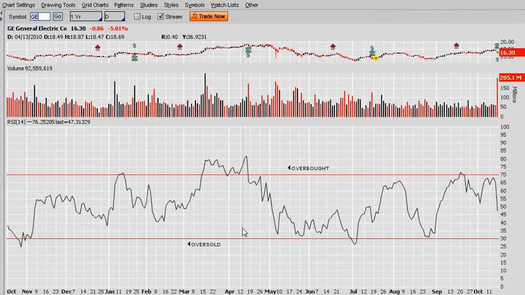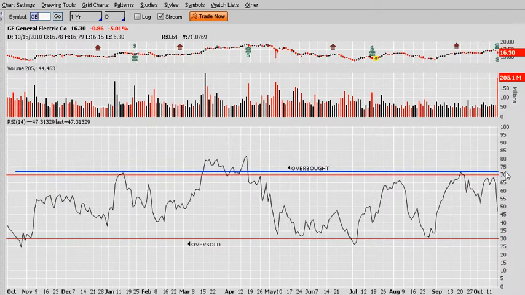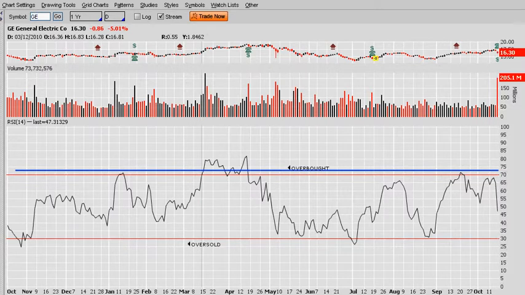Okay, first, since this is the 14-day, what I found best is not the 70 and 30 levels for overbought and oversold, but, since I'm a little more conservative, I like to use the 73 line, which is going to be this blue line, and the 27 line.